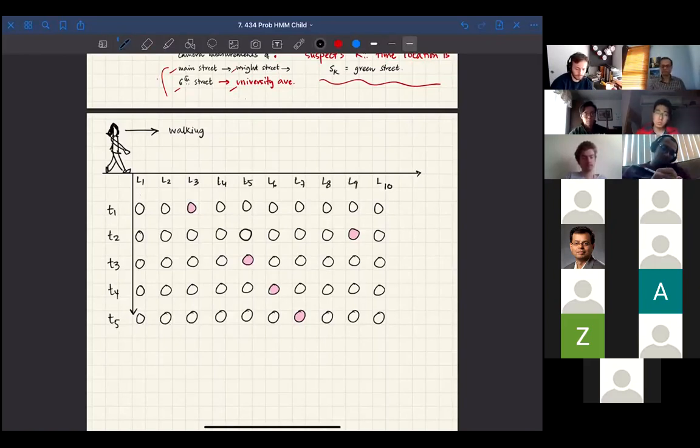Very good. So measurement M1 equals L3, M2 equals L9, M3 equals L4, L5, M4 equals L6, and M5 equals L7.